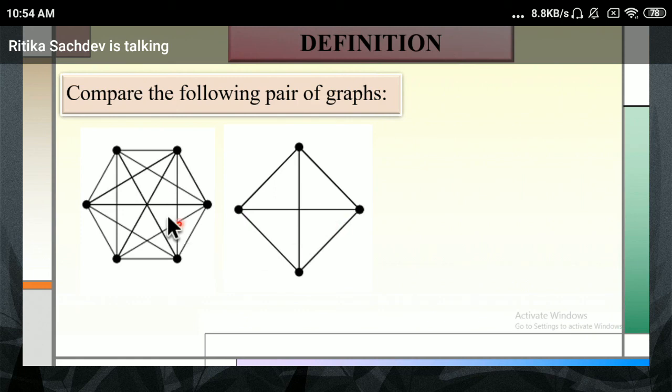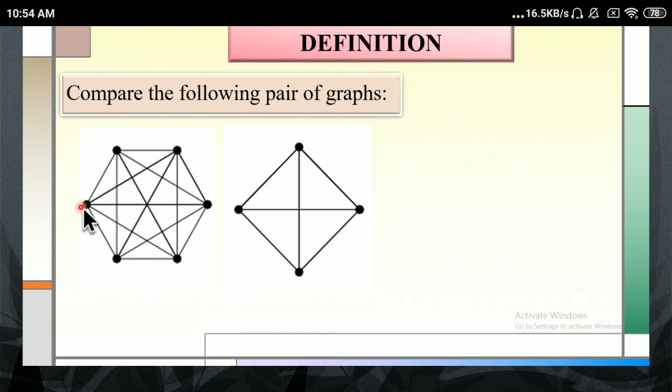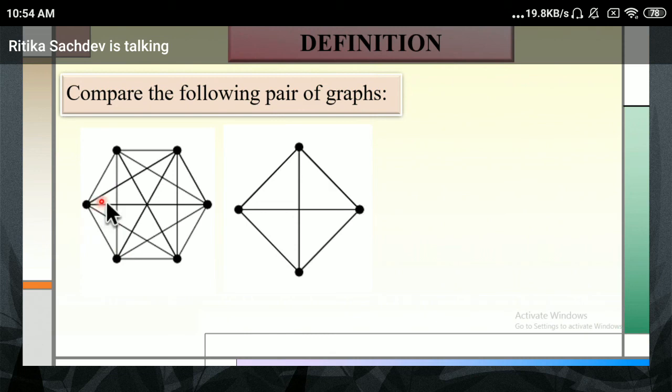If you're not able to imagine, please check this vertex 1, 2, 3, and 4. These four vertices.